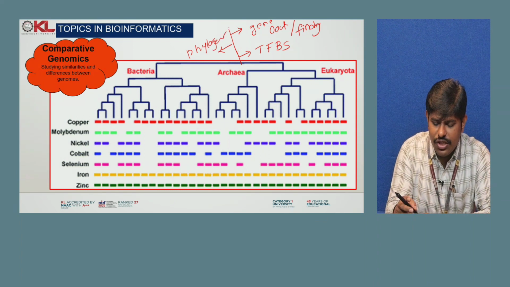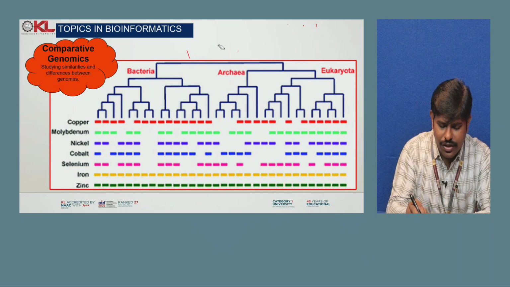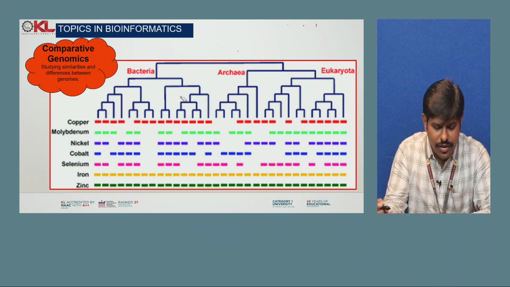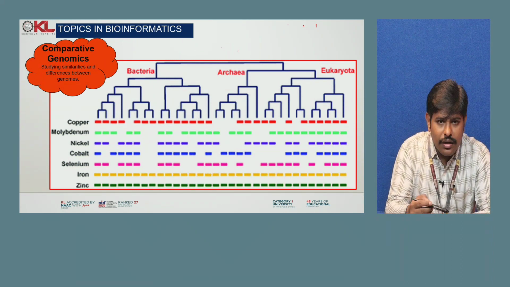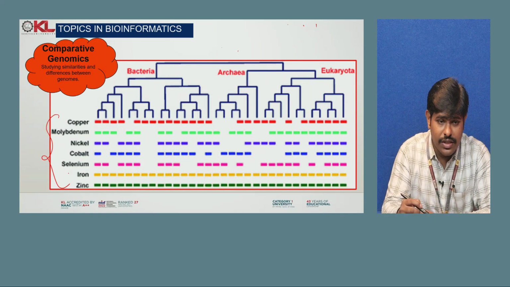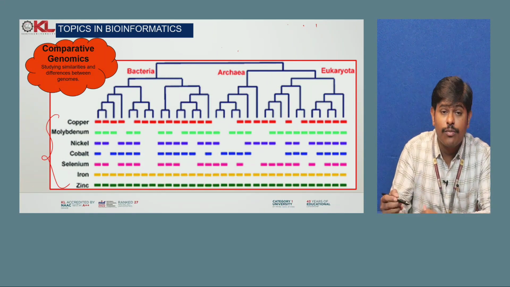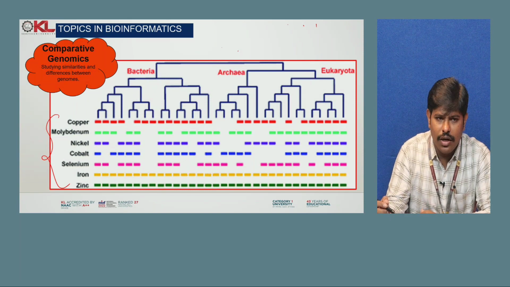Phylogenetic trees mean the relationship between different organisms in an evolutionary context. For example, in this case, if you see, these colors are sequences for different proteins and from different organisms here.